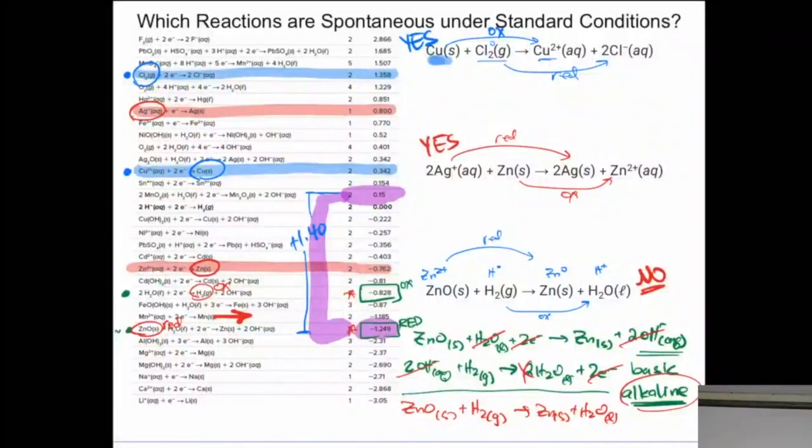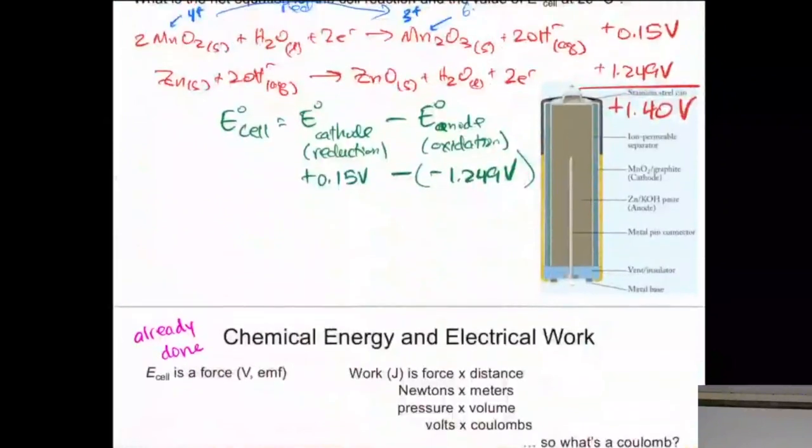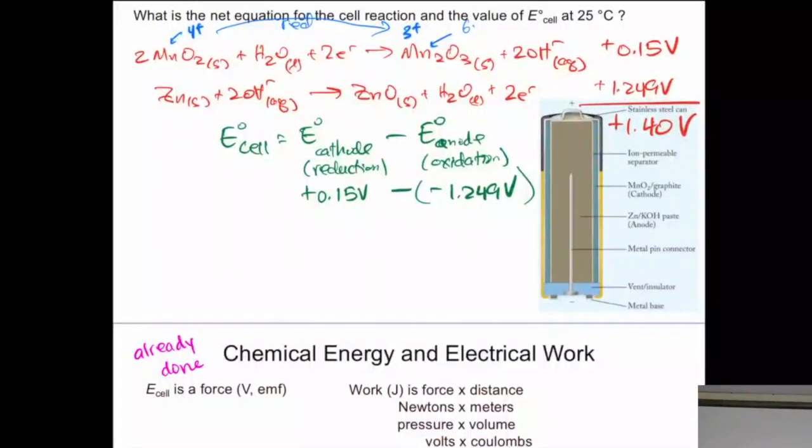You just have to understand how to use these equations. And then we can calculate, for 2 moles of electrons, the energy that we get out of that. Delta G naught, in this case, because it's under standard conditions, is going to be E naught of the cell times the number of electrons times the Faraday constant, which gives us the charge on those electrons.